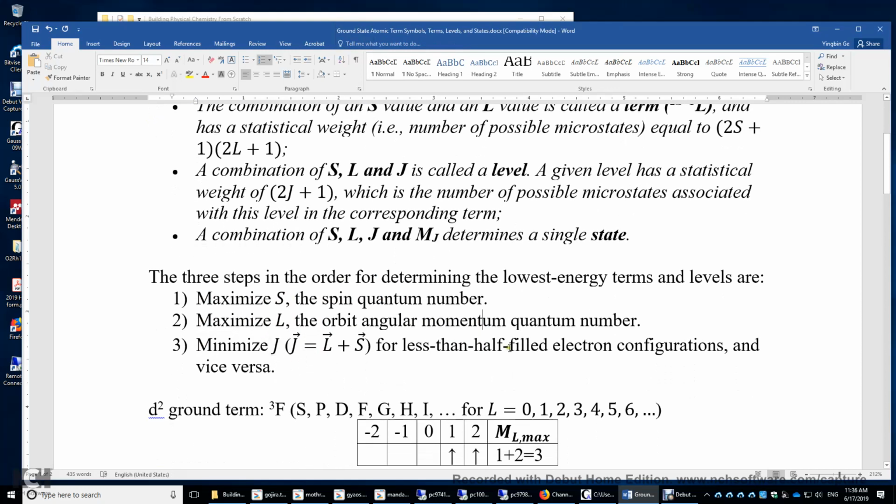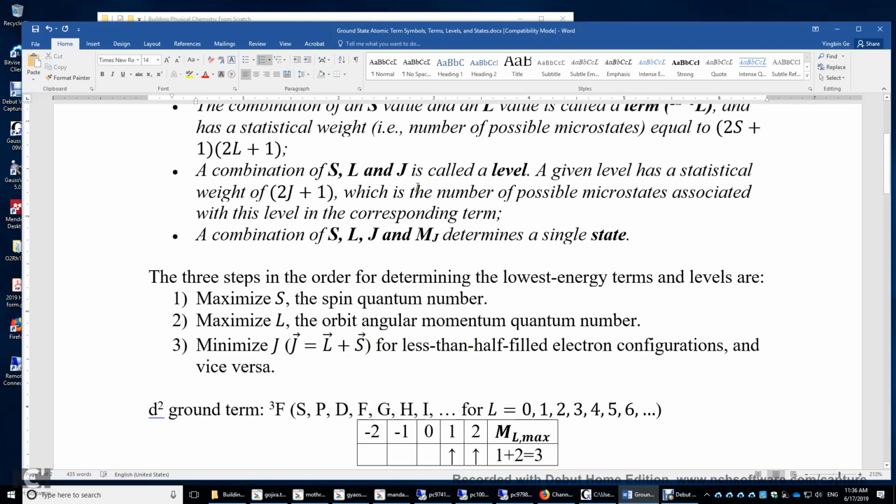After that, if the electron configuration has less than half filled orbitals, you minimize J. If the subshell is more than half filled, you maximize J. Again, what is J? The J vector is simply the sum of the L vector and the S vector. And also you can tell that the z component of J, which is m sub J, equals m sub L plus m sub S.